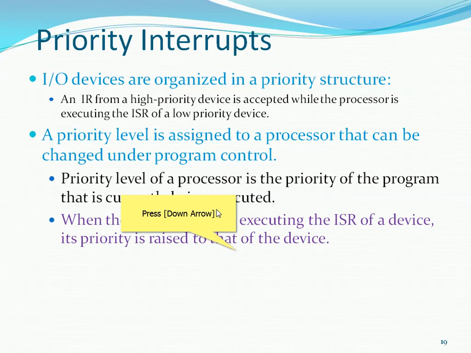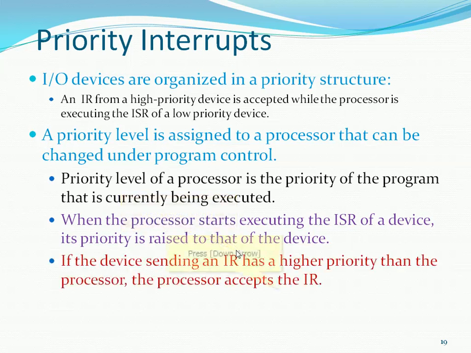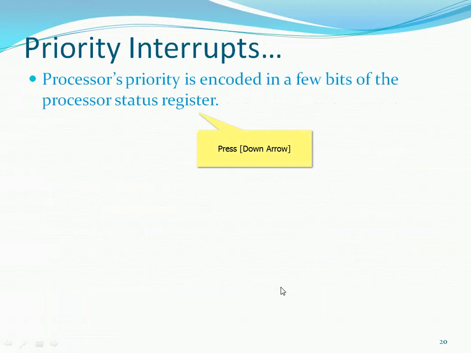When the processor starts executing the ISR of a device, its priority is raised to that of the device. If the device sending an interrupt request has a topmost priority, then the processor accepts the interrupt request because it is of higher priority.